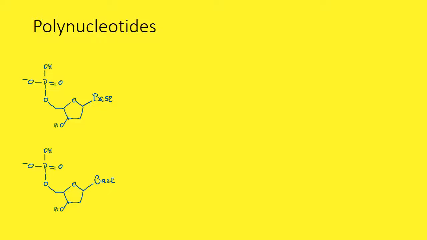And so the hydroxyl group from the phosphate, that's this group here, reacts with the hydrogen of the hydroxyl group coming off the top sugar. And let's draw a circle around those because they are the ones that leave. All right, so they leave to make a water molecule.